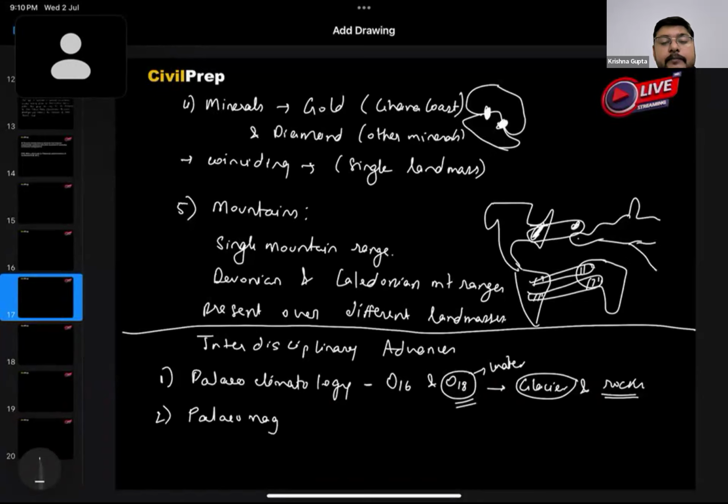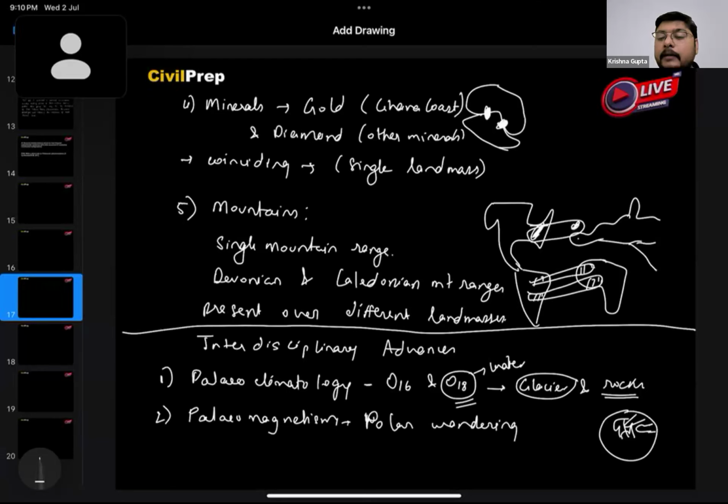Next is paleomagnetism. Under paleomagnetism, there is polar wandering. We have already studied polar wandering in the previous sections, the movement of the geomagnetic North Pole in different regions. So paleomagnetism provides the polar wandering path.